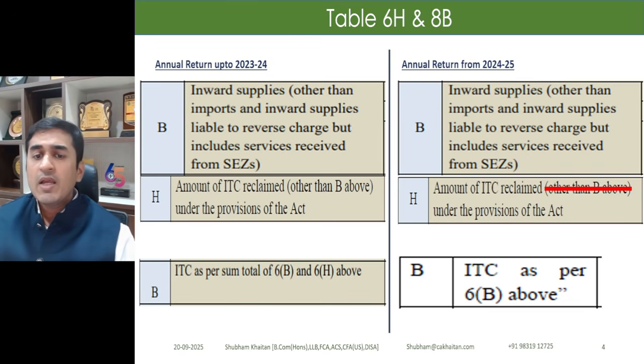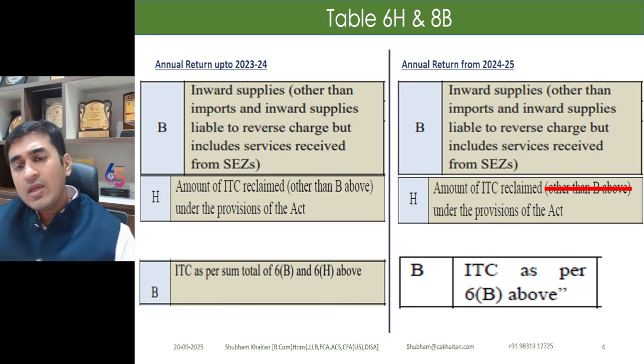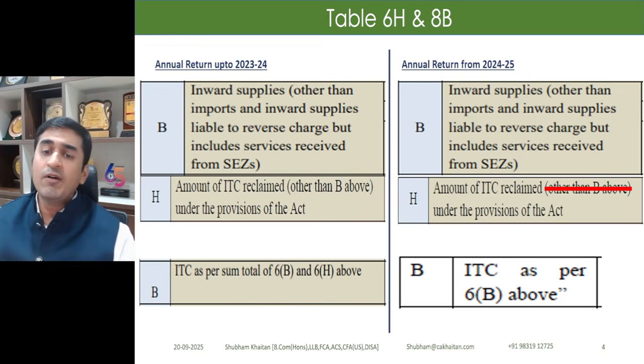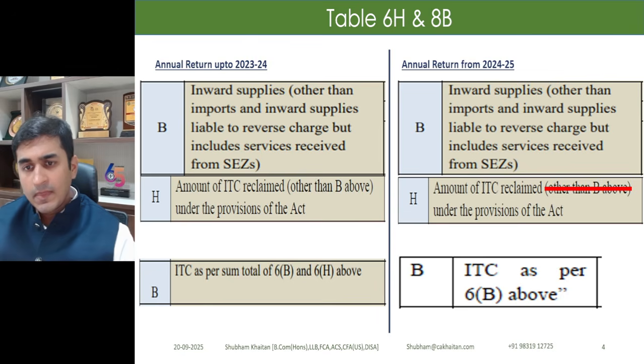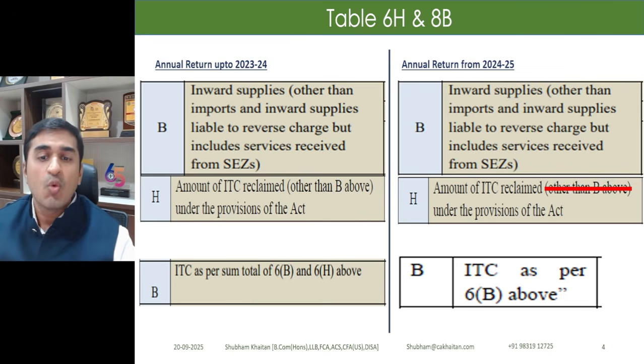So my 8B should be equal to my ITC as per 6B of GSTR-9, which is basically ITC claimed for the first time in forward charge before performing any reversals. So ideally, in maximum cases, this difference should be 0.